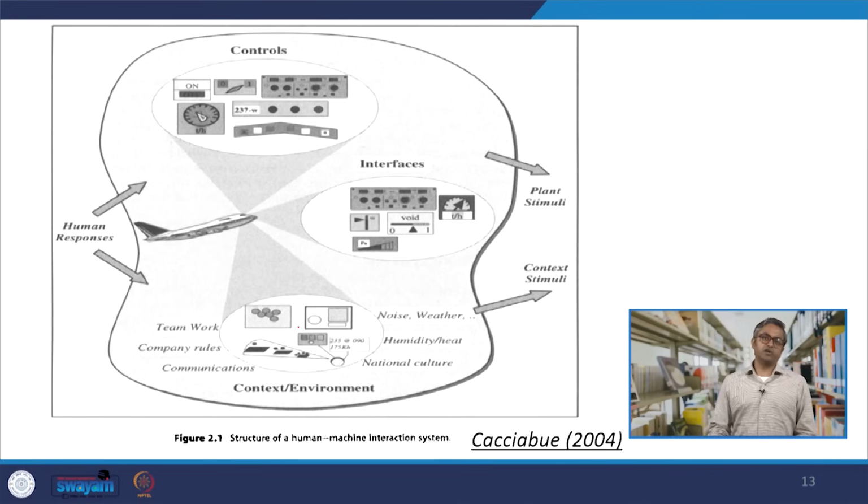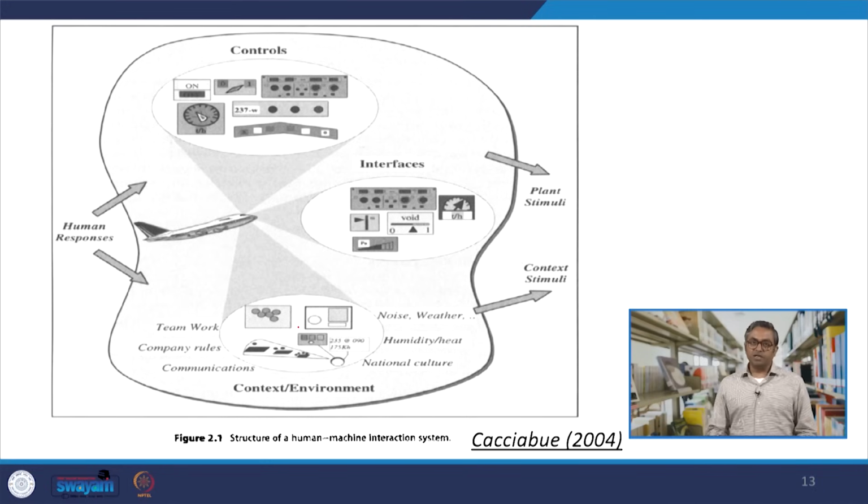The stake of 200 lives is in the hands of two important people, the air traffic controller and the pilot. Now what do you see? The control panel is there. The pilot should be aware of how to use it, how to land the plane, how to fly the aeroplane, what altitude he has to keep the plane at, when he has to descend, when he has to reach the ground, when he has to accelerate up in the sky.